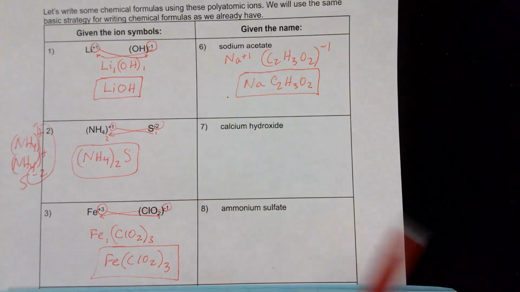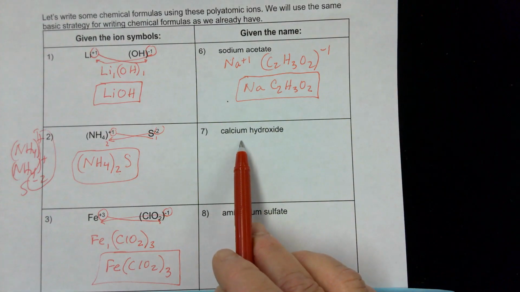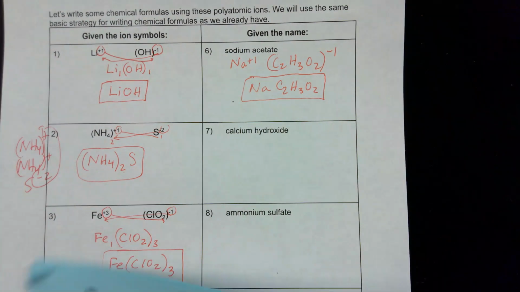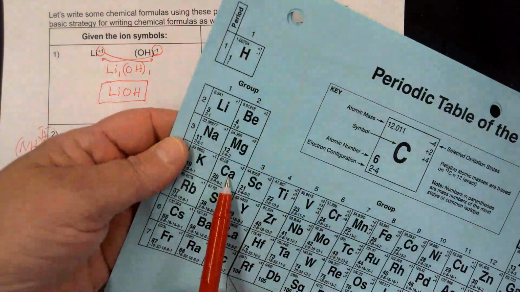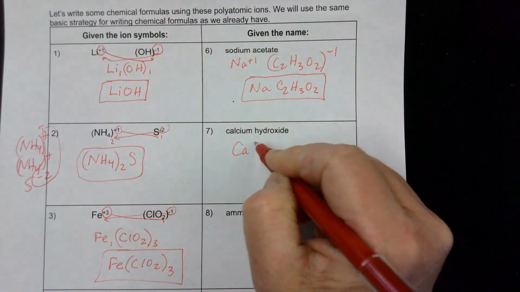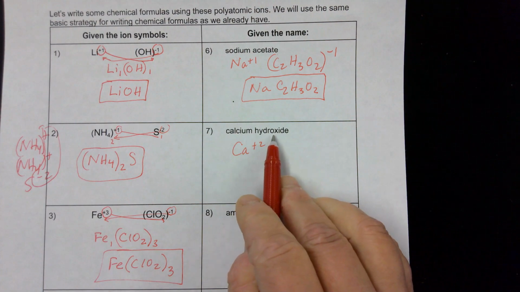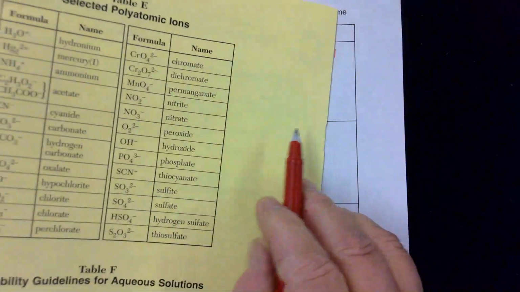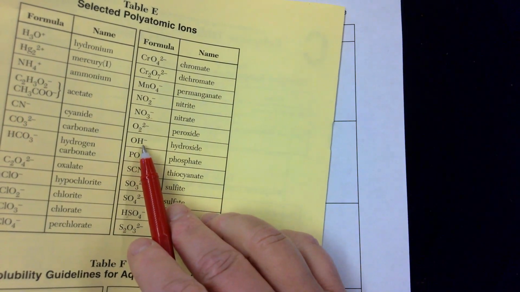The next one, calcium hydroxide. Calcium, Ca +2. Hydroxide, going to reference table E, hydroxide is OH with a -1.